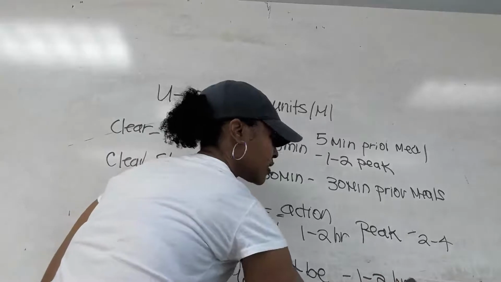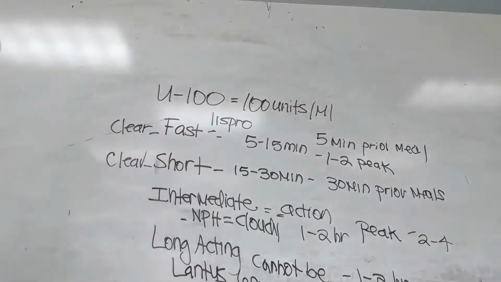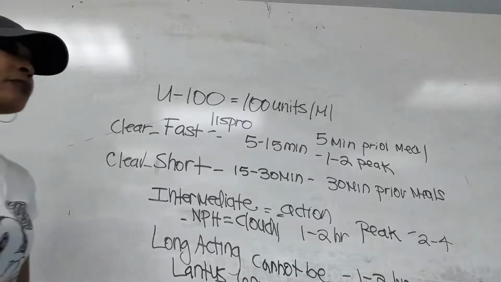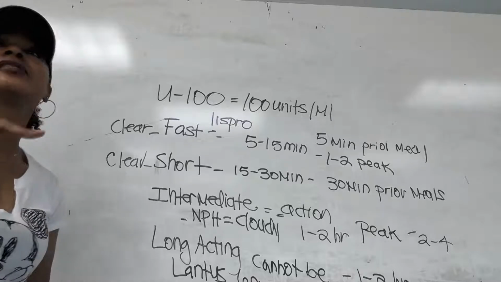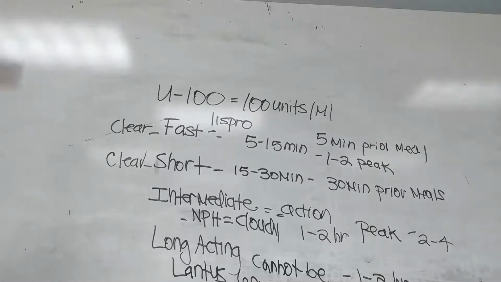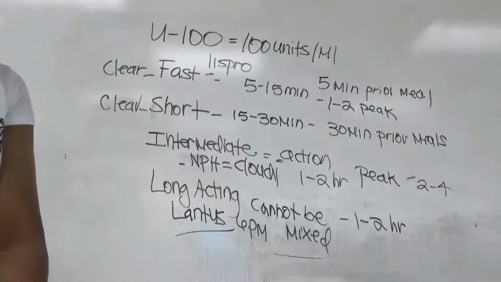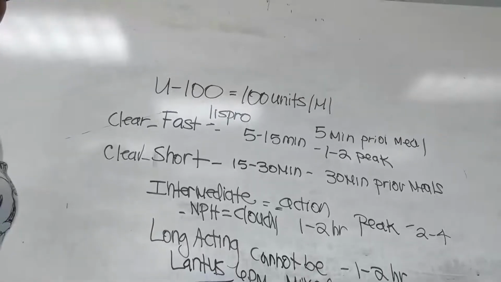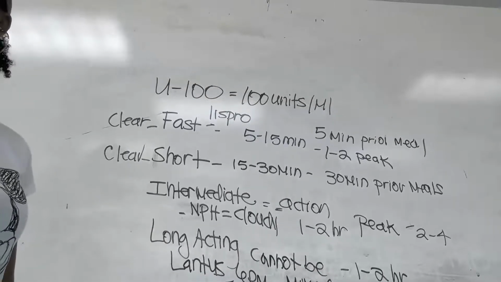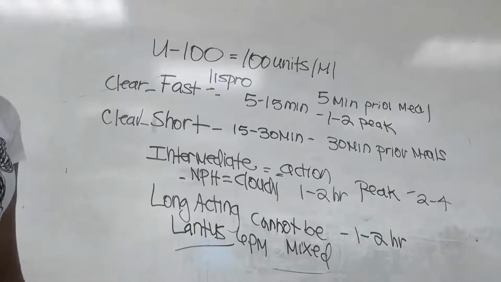But the peak time is 6 to 24 hours. So it works 24 hours, overnight, to help our patients out. Some books say 6 to 20 hours for peak time.